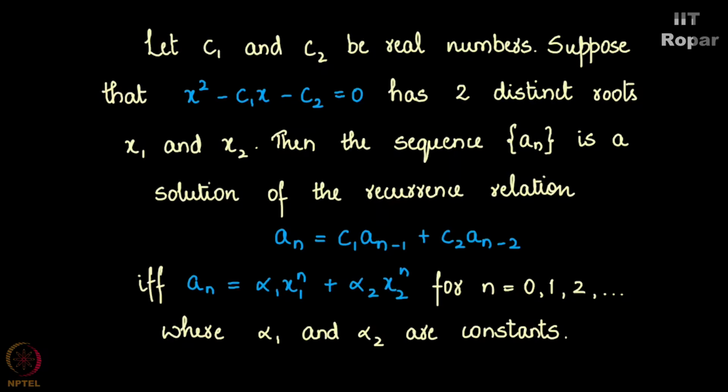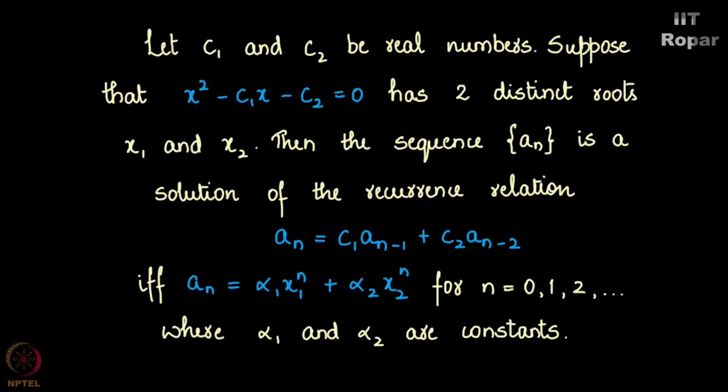Though the theorem might seem to be very tough and difficult to remember, it is actually very simple. Given this quadratic equation which has two distinct roots x1 and x2, this sequence an will be a solution of the recurrence relation. And of what form is this recurrence relation?